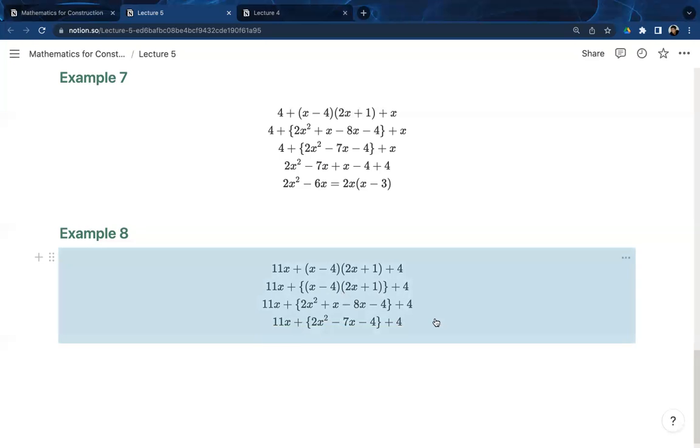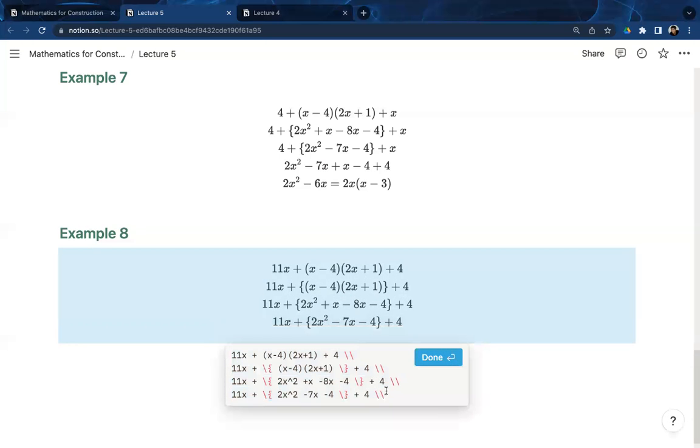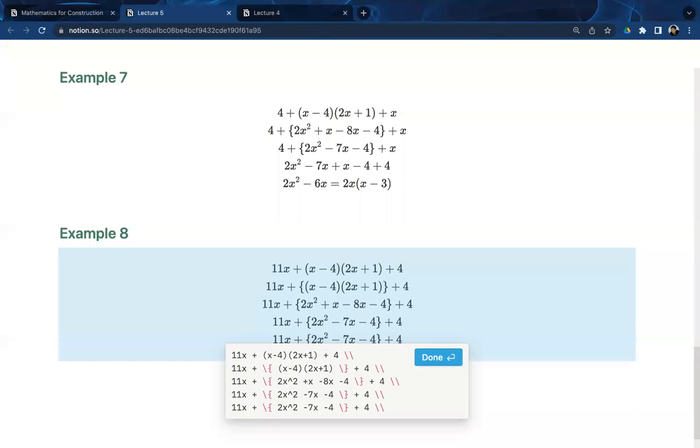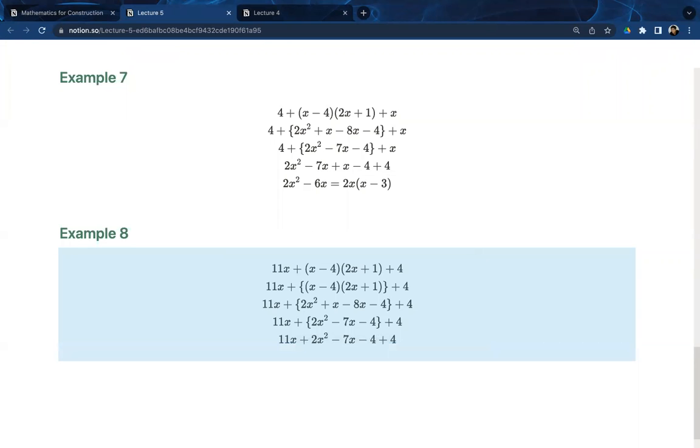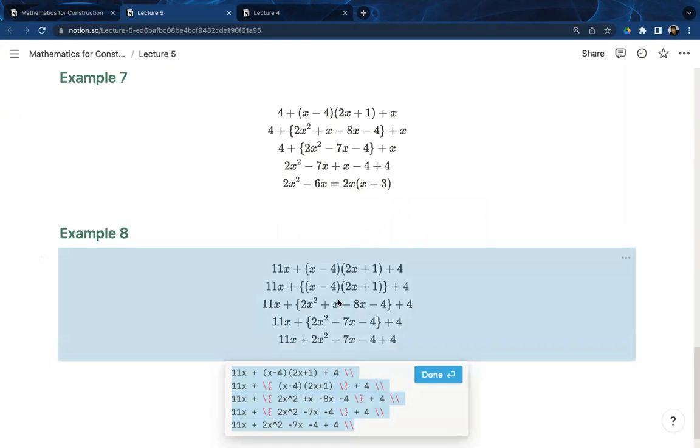And then we just remove the brackets. Nothing really changes because the sign in front of the brackets is positive. Then we could arrange like terms together.